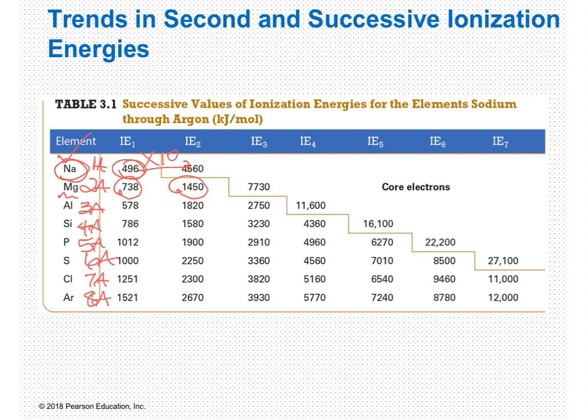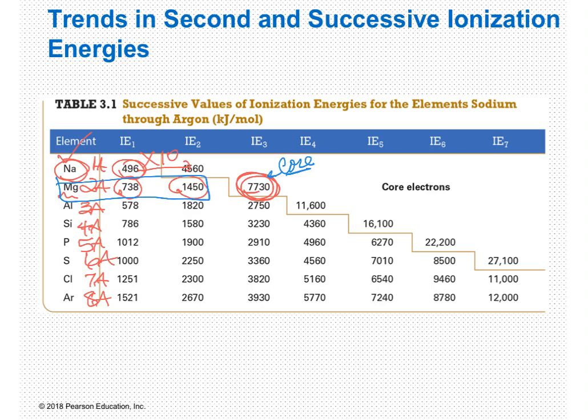It gets harder and harder to remove progressive electrons. But then, all of a sudden, trying to remove the third electron, which is not a valence electron anymore, remember? Magnesium only has 2 valence electrons. So now this is a core electron, and it is about 6 times harder, not 2 times harder. So there's a big jump.